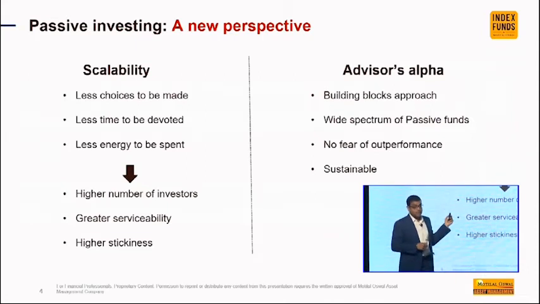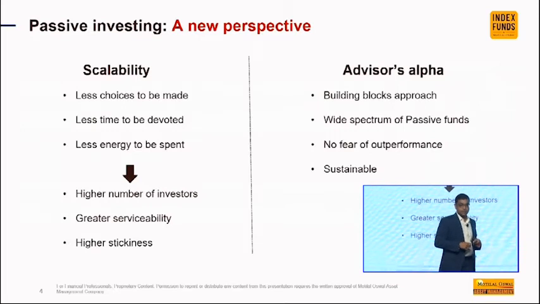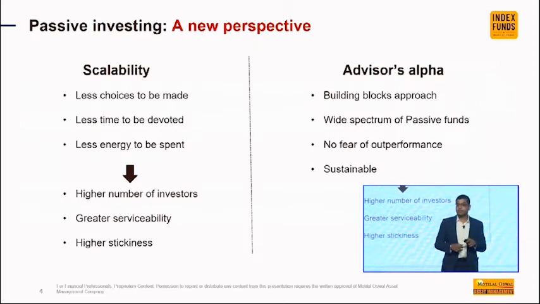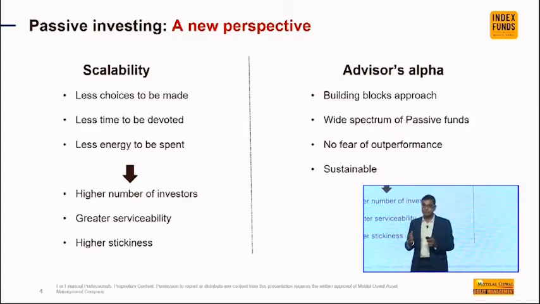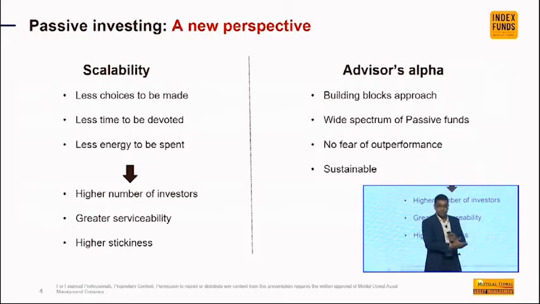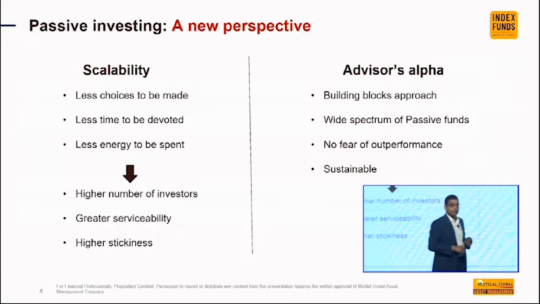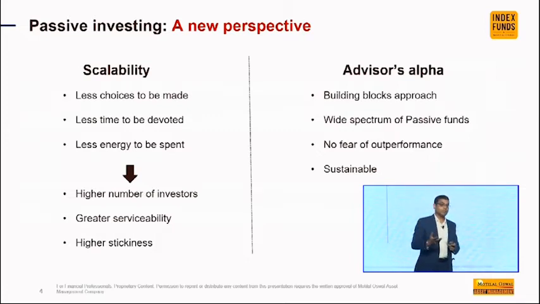A very important thing is advisor's alpha. Most advisors still think that the alpha has to be generated by the fund managers. But look at it from this point of view: you as an advisor manage the client's portfolio from debt to equity to real estate, probably his estate planning, as Pratik mentioned in the morning. How do you expect a particular fund manager, or three or four fund managers, to give you alpha?